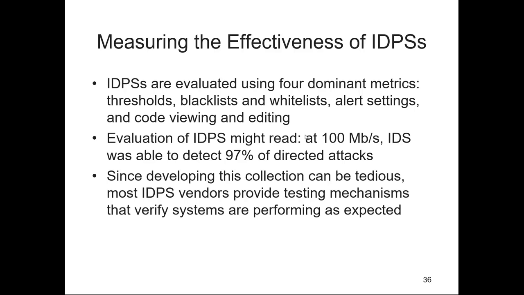So with those two metrics, we can evaluate and report what percentage was detected of the direct attacks at a certain incoming rate of information. For example, we can say that at 100 megabits per second, the IDPS was able to detect 97% of direct attacks.